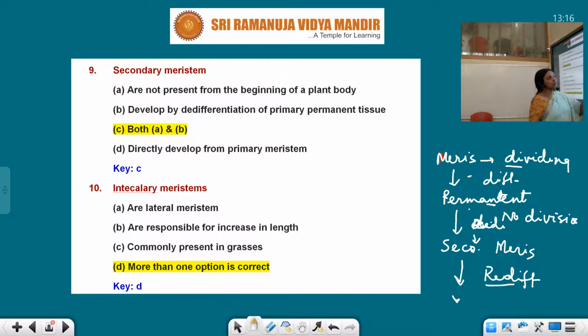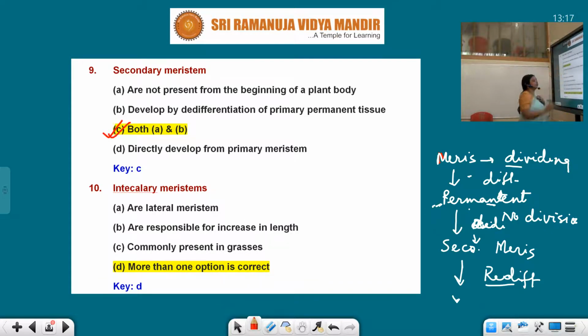So that is called de-differentiation. Here it is developed by de-differentiation of primary permanent tissue. So both statements A and B are correct here. So the answer is C. I hope you understood.